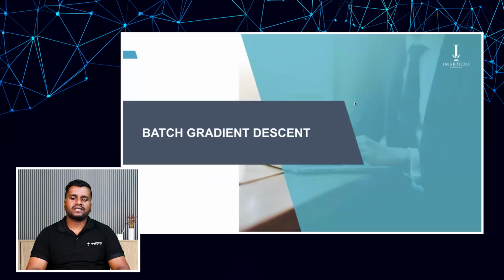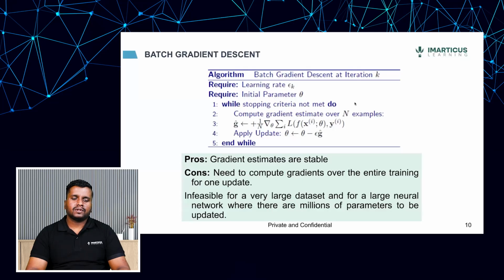For example, we have batch gradient descent. The pros are that the gradient estimates are stable, but the con is that it needs to compute gradients over the entire training set for one update. So it is infeasible for a very large dataset and for a large neural network where millions of parameters have to be updated.